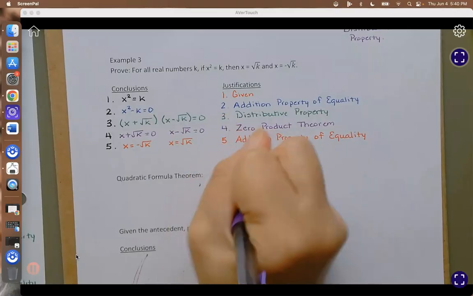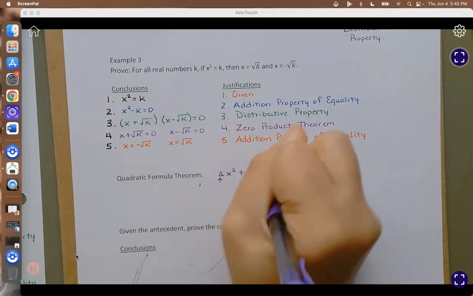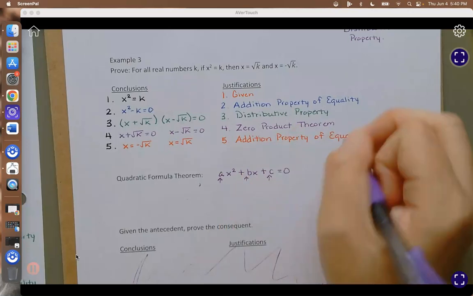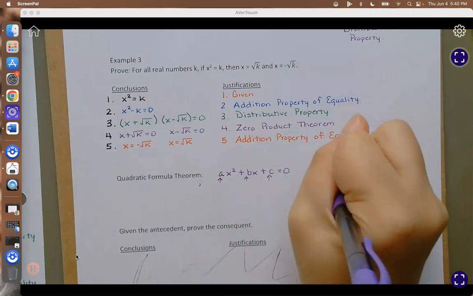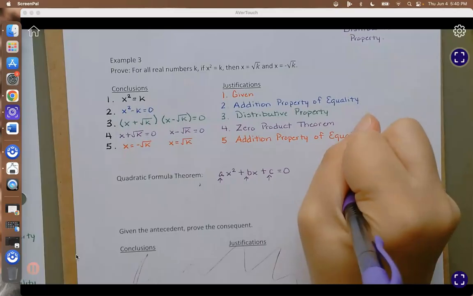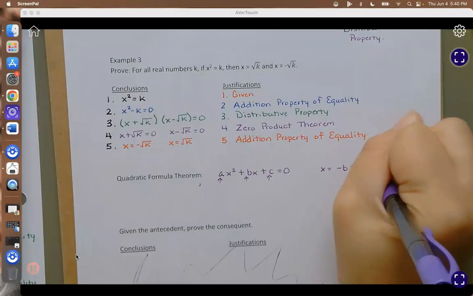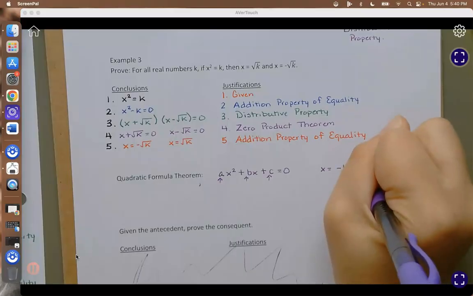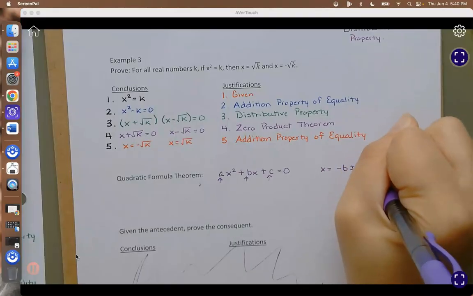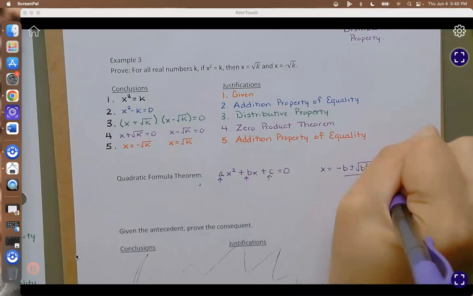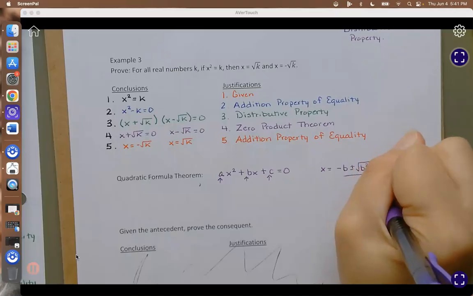And you pull those coefficients out, okay? And to solve for x, you do the opposite of b plus or minus the square root of b squared minus 4ac all over 2 times a.